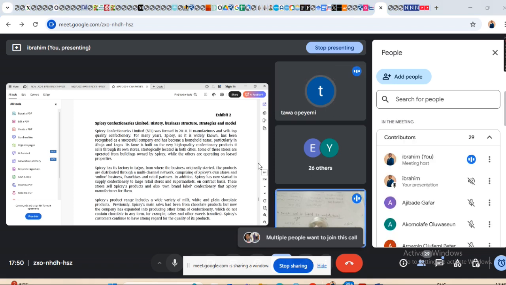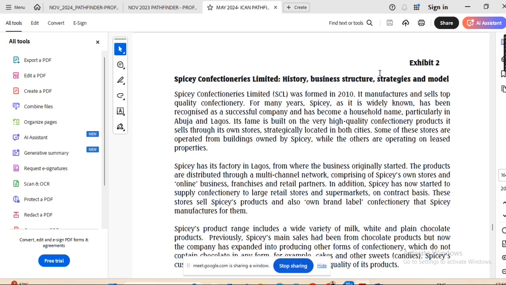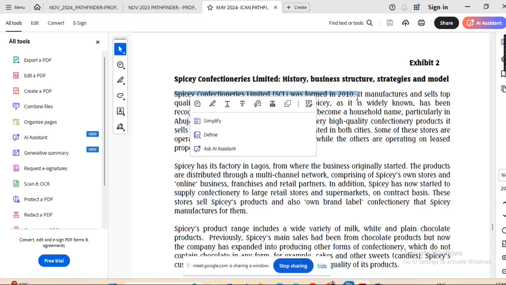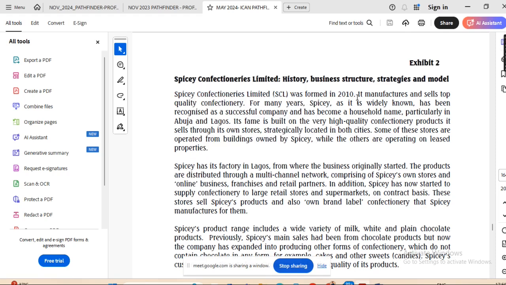Now, Spicy Confectionery Limited was formed in 2010. It manufactures and sells top quality confectionery.